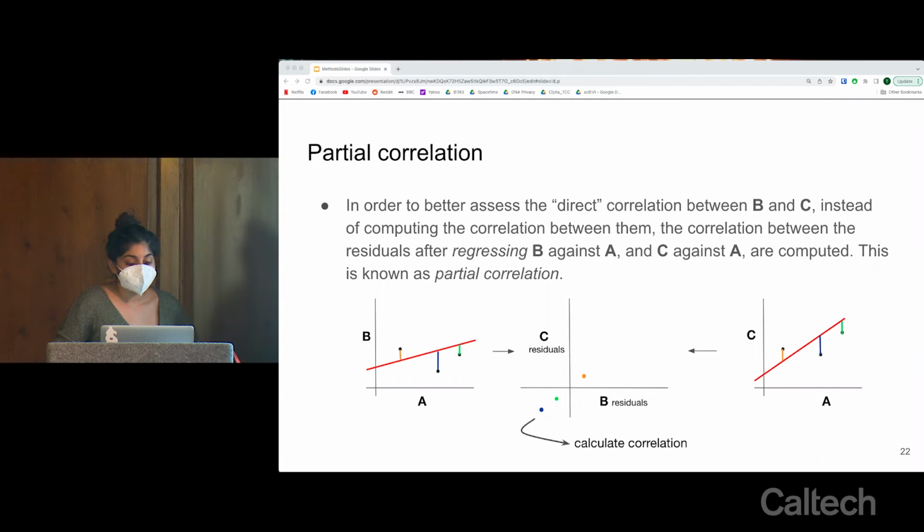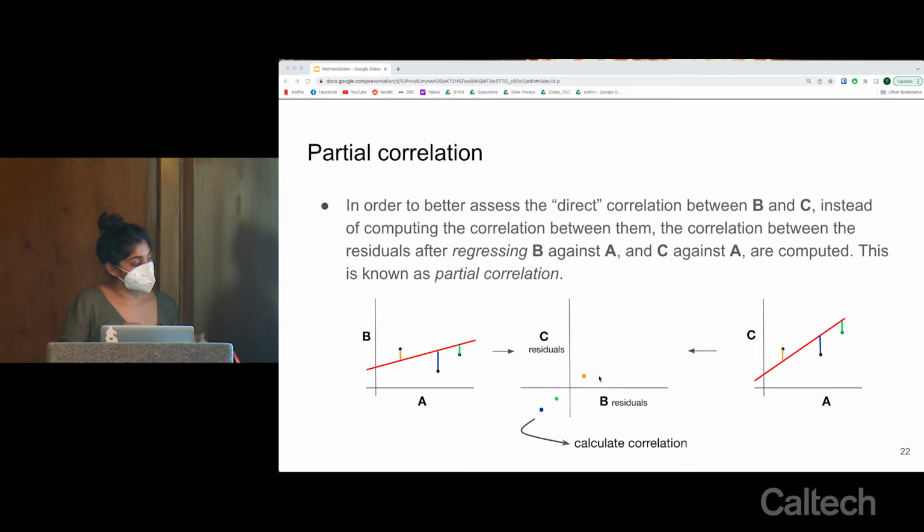What this amounts to doing is a regression between, let's say, education and age, and then again education and income. And then you can take the residuals of those models, where you're regressing B onto A and C onto A, and then look at the correlation of those residuals. And that is a nice way of controlling for a third variable.